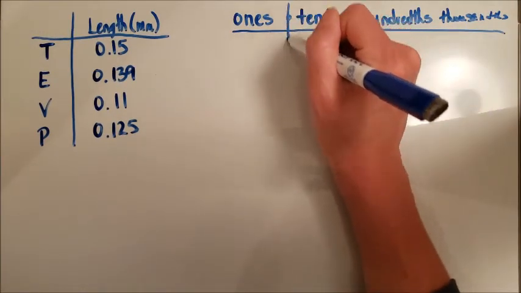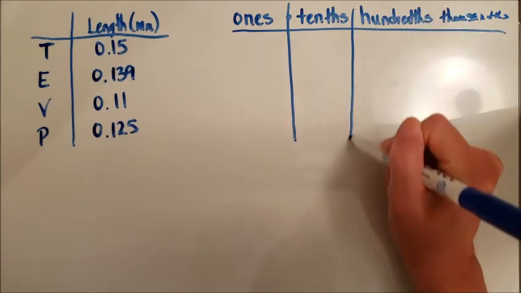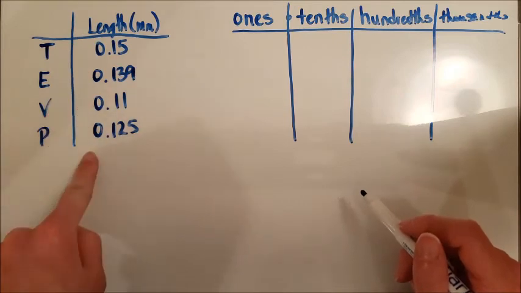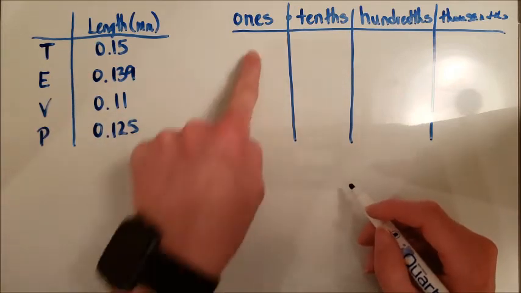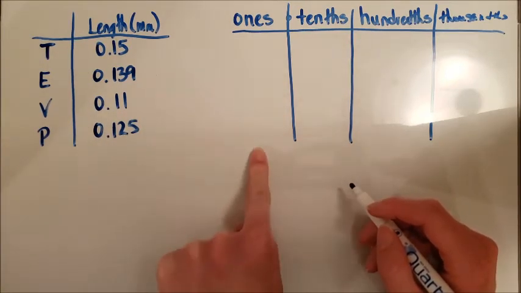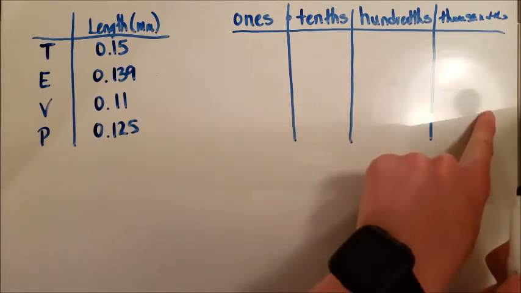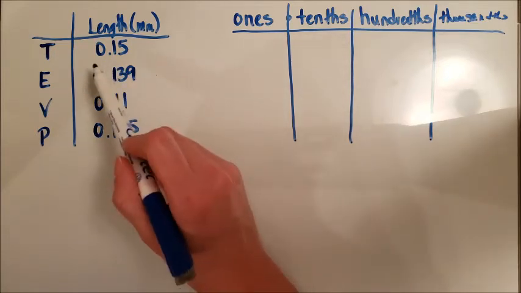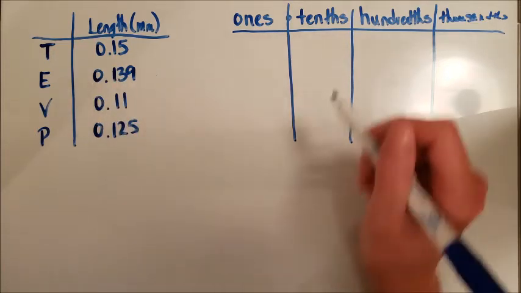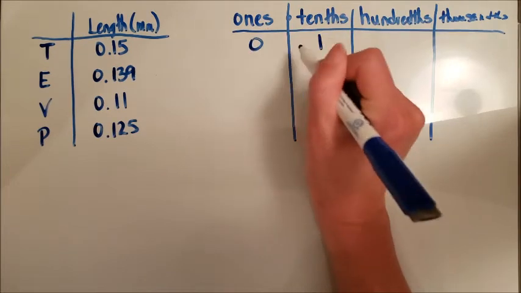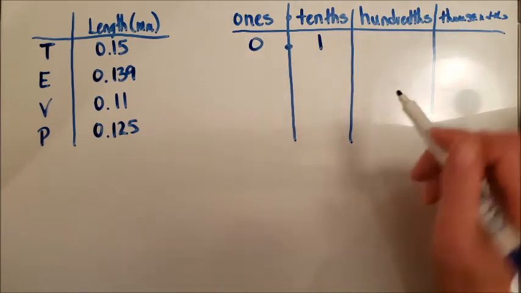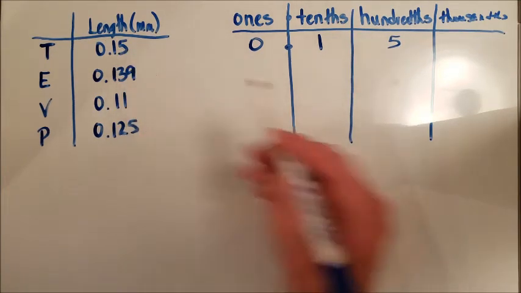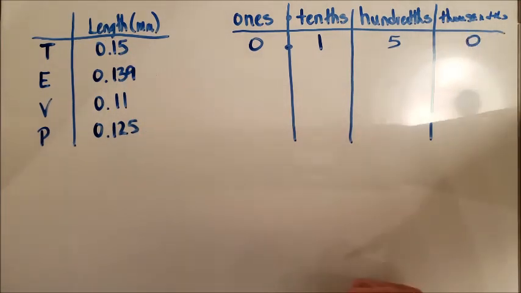And so what I can do is put each of these numbers into this chart. In every case, I do not have any ones, so I know that this column is going to be 0 all the way down, but these three columns are all going to change. So the tardigrade has 0 ones, decimal, 1 tenth, 5 hundredths, and nothing here, so 0 thousandths.